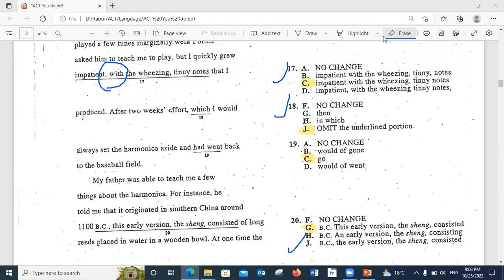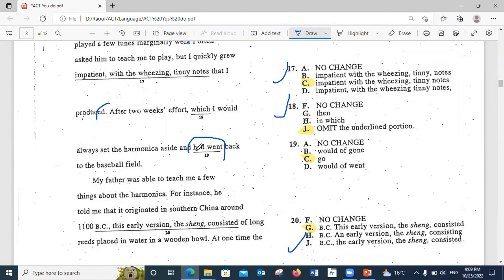Okay. As usual, ya shabab, we have to take the sentence from its very, very beginning, not just the underlined portion, in order to have a complete idea of what's happening in the sentence. 18. After 2 weeks of effort, which I would always set the harmonica aside and then, of course, go back to the baseball field.